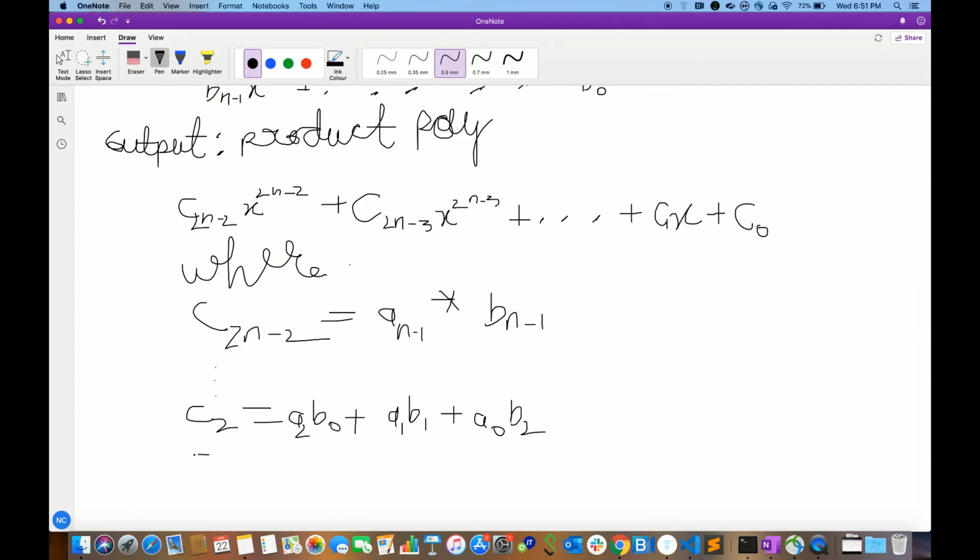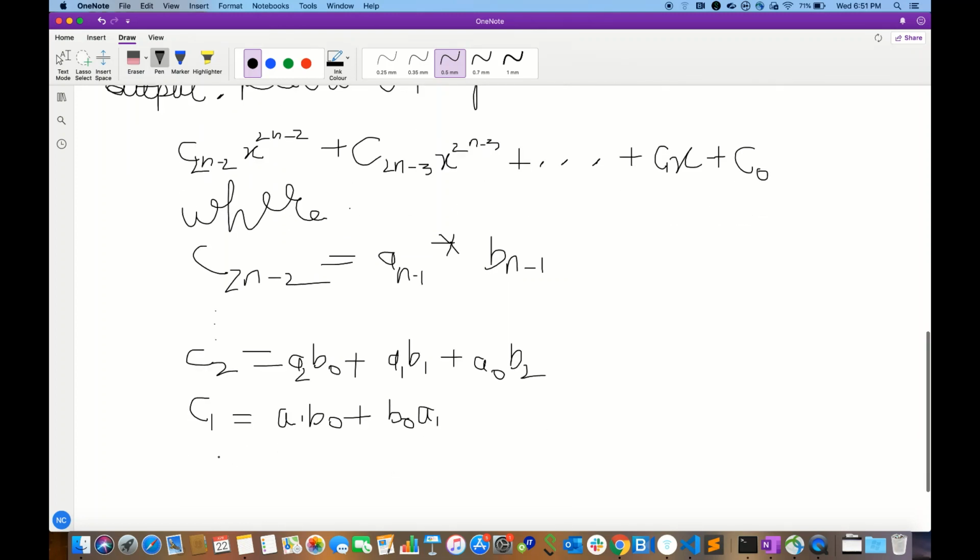and c1 becomes a1 b naught plus a naught b1, and c naught becomes a naught b naught.